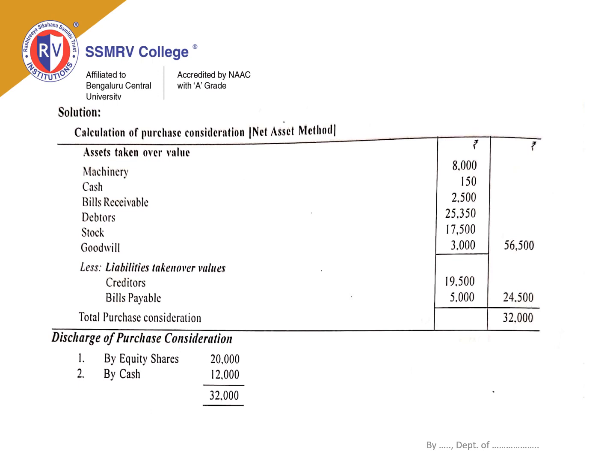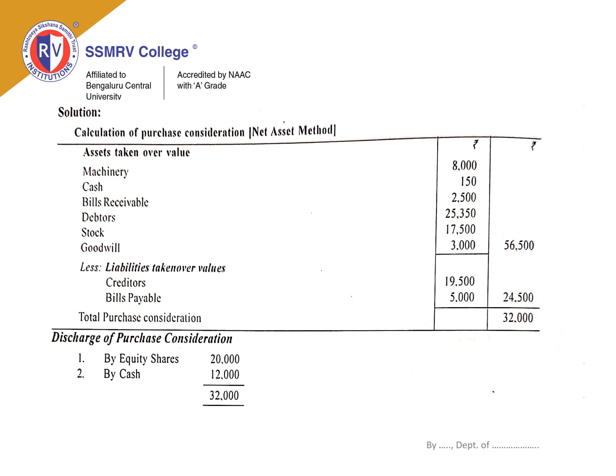So we are given the agreed value of assets and liabilities taken over by the purchasing company. So the total of the agreed value of all the assets taken over minus the total of the agreed value of all liabilities taken over will give us the amount of purchase consideration.